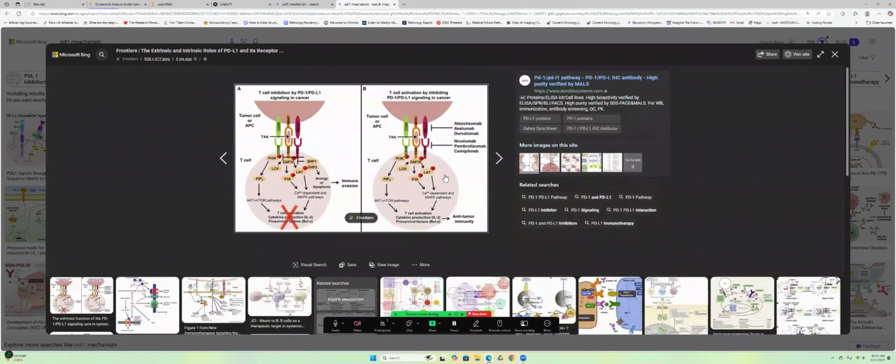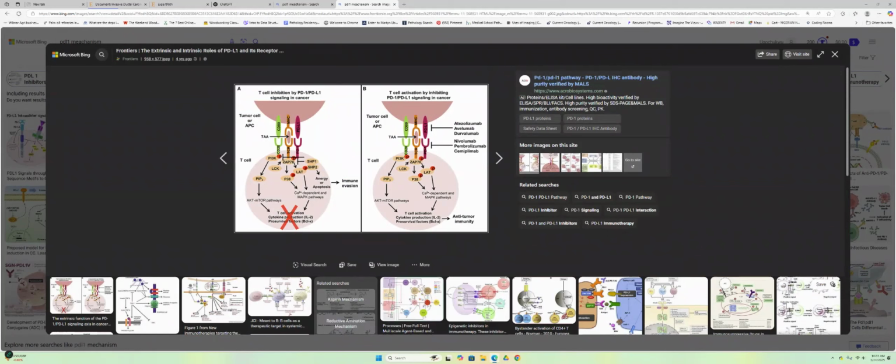So how does the drug work? Atezolizumab. That means it should be the apoptosis now, like induce apoptosis. Yes, I'm trying to see. This is the T cell now.